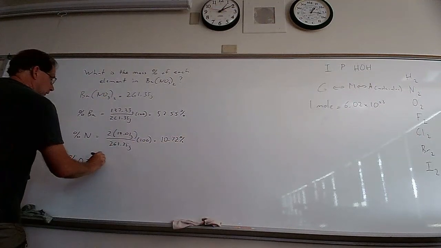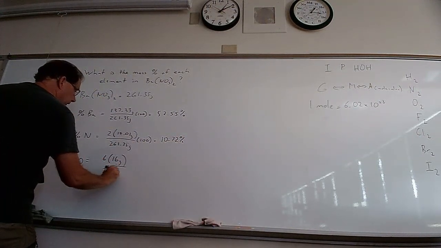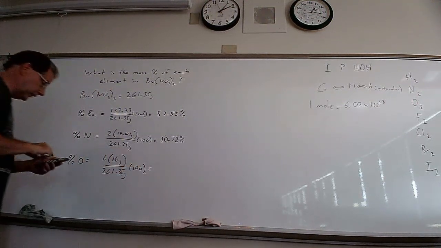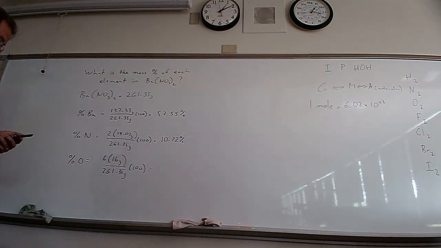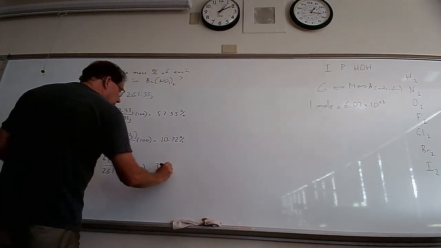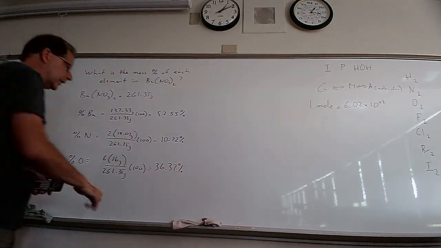And then oxygen, 6 times 16 divided by 261.35 times 100. So let's see, 6 times 16 divided by 261.35. 36.37%. Now some of you are thinking, Mr. Kors, oh, this is right. 7.3, I'm sorry.